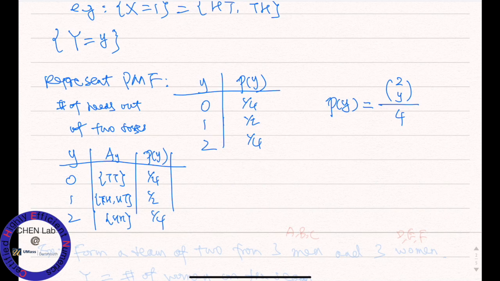Out of the two locations, you pick y locations where you're going to get a head. To choose y, when y is 0, you get 1. When y is 1, you get 2. When y is 2, you get 1. So you give me different y, I get different numbers, and this one formula recovers that table. Is that clear?